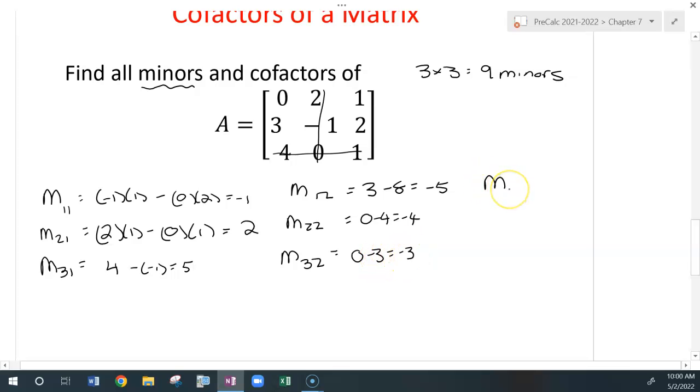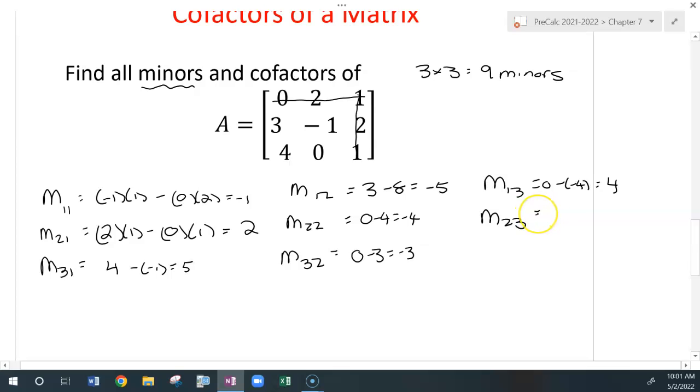All right, let's get M1, 3. I'm going to do our last column, so just 3 more of these minors to do. Take away first row, third column. I get a 0 minus a negative 4. And that equals 4.